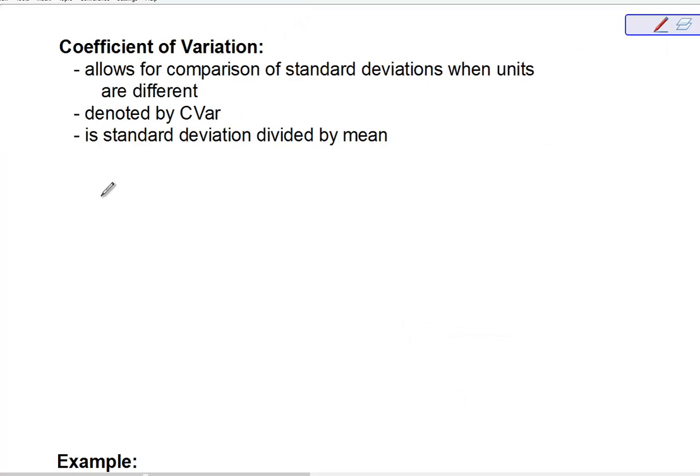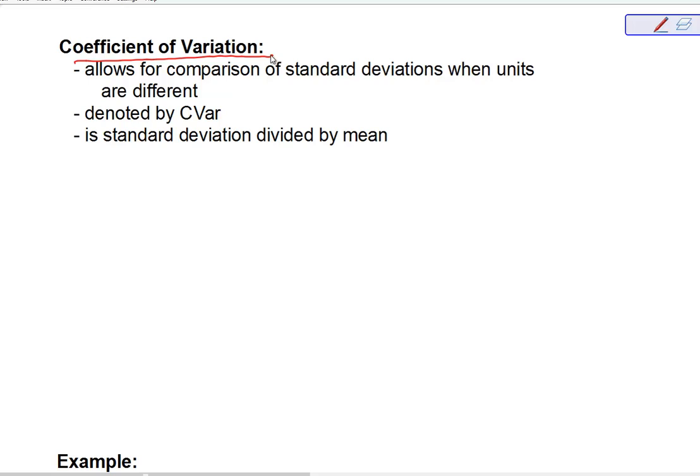Now then, if you have things that have different units, such as you want to compare your grade in two different classes, one uses points, one uses percentages, or you want to compare your income to your age, different things like that, we can't compare those using variances or anything like that unless we use something called the coefficient of variation.